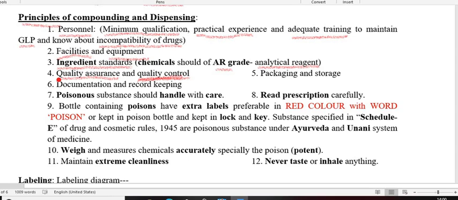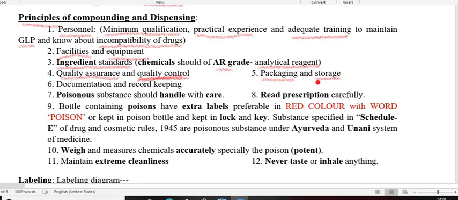So quality assurance for the preparation that you have prepared in the pharmacy lab should be maintained. And thereafter, after the preparation of any pharmacy preparation, the packing should be very, very important, and its storage is also very, very important.